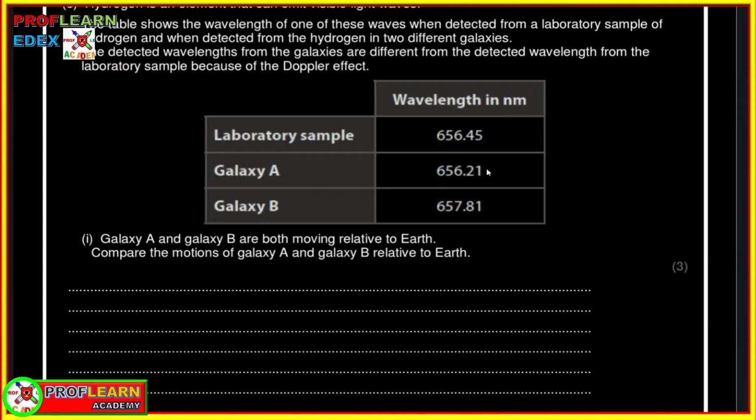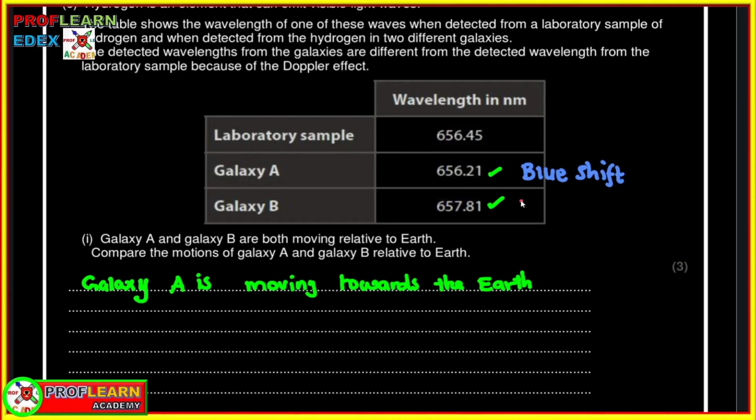Those that have less wavelength than that of the laboratory, like galaxy A, are approaching the Earth, coming towards the Earth. So we're going to say that galaxy A has a lesser wavelength than that of the laboratory sample, so it's moving towards the Earth, displaying a blue shift, and this one is displaying a red shift.